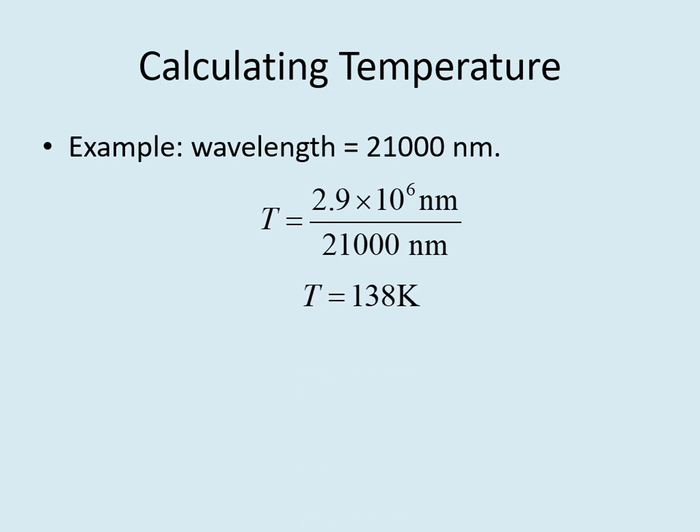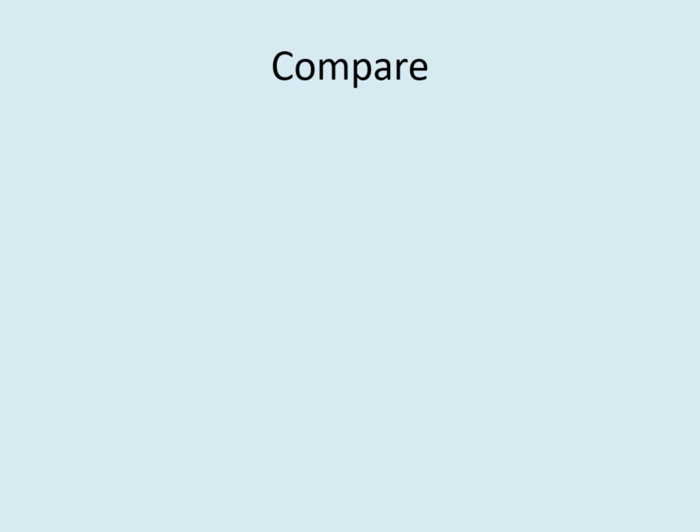To get a sense of what that temperature actually means, remember that room temperature is about 300 kelvins. So 138 kelvins is incredibly cold, much colder than any place on Earth, but not an unreasonable temperature for an outer solar system planet. Now compare your answer to your prediction and decide if you've got it right.